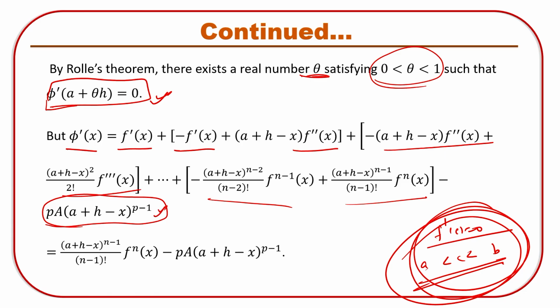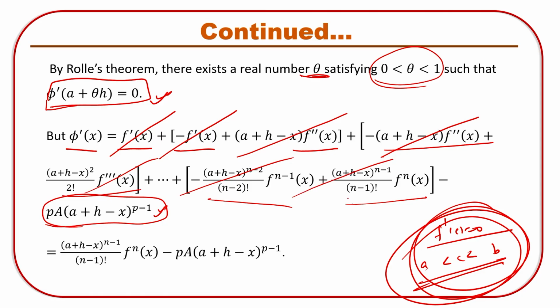And manipulating all these functions in a similar way, f dash of x minus f dash of x cancels out, and all these terms are going to cancel out and only two terms will be left.